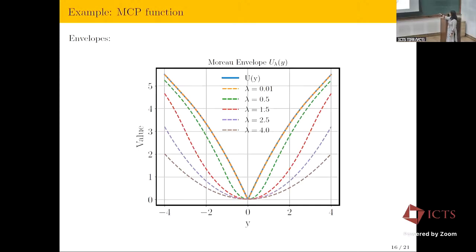This part here starts becoming concave. And as I increase lambda, I get this type of approximation, and these are still not convex, but at some point I see that they may be convex, we're not sure. So if you increase lambda large enough, you might get some convexity, but we're still trying to prove that.